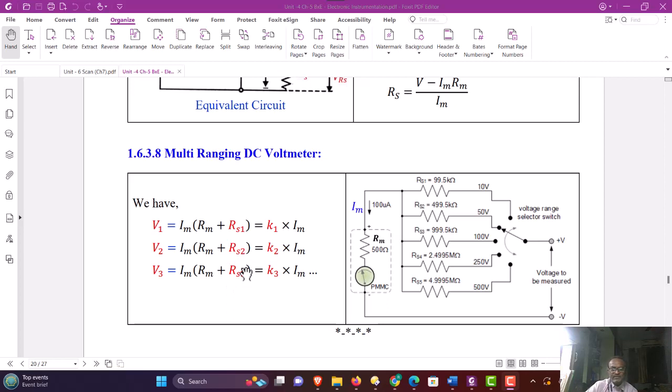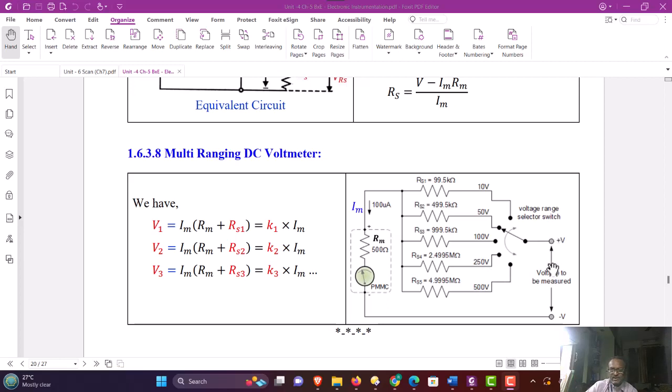So appropriate values of Rs1, Rs2 and Rs3 can be selected so that you can get a multi-range voltmeter. A typical multi-range voltmeter is shown here with a 10 volt range, 50 volt range, 100 volt range, 250 volt range and 500 volt range.